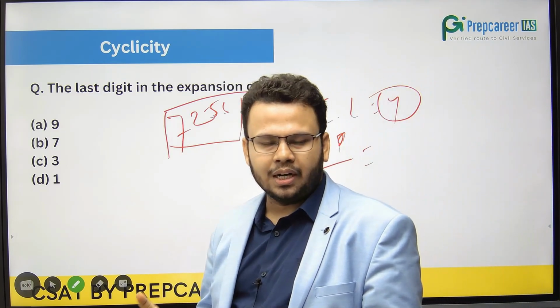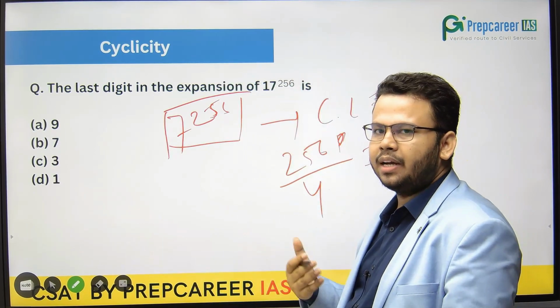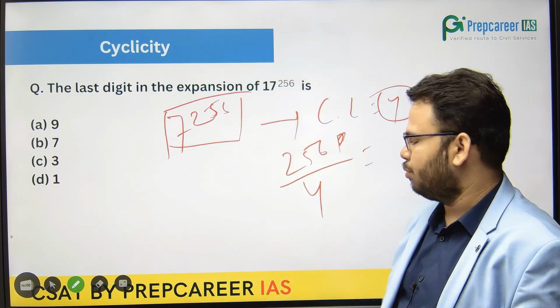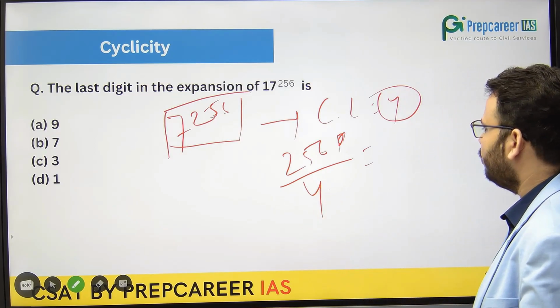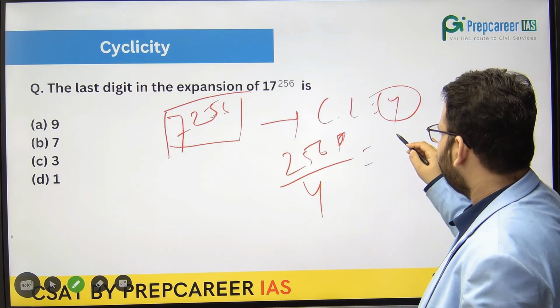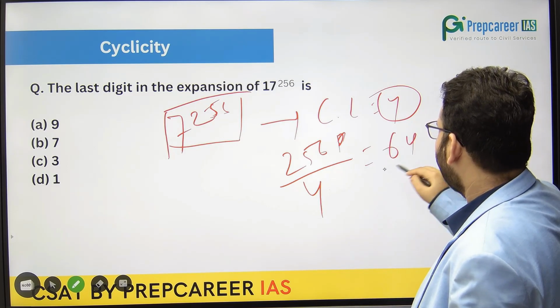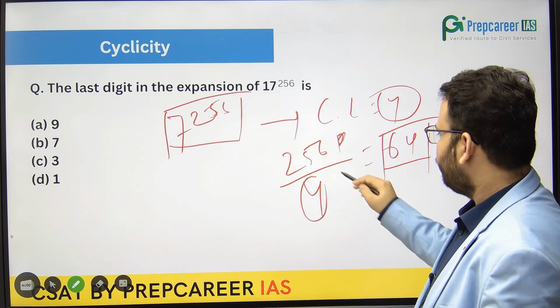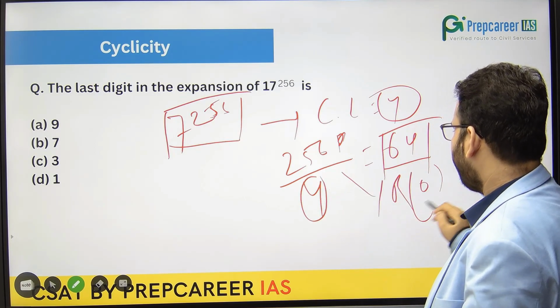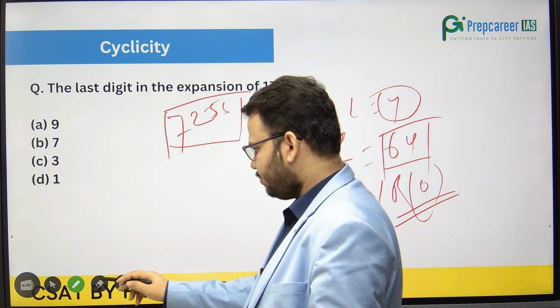If it is completely divisible, then no issue. If it has a remainder, then we follow a different procedure. Let me explain how this works. When you divide this number, you are getting that it is completely divisible by 4. So the remainder is 0.